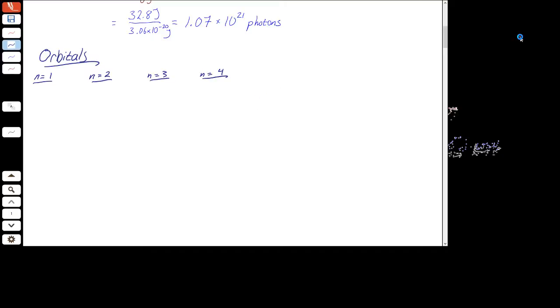Based on our quantum numbers, what do we know that's in the n equals 1 level? What kind of orbitals are in there? S. Anything else? Nothing else, right? Because L can only be 0. So in the n equals 1 level, all we have is an S orbital.